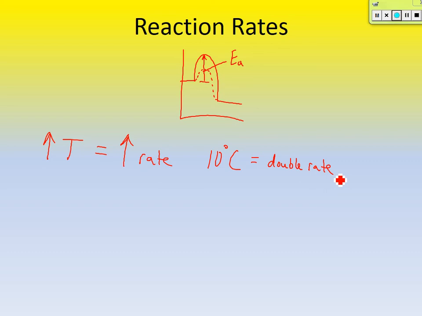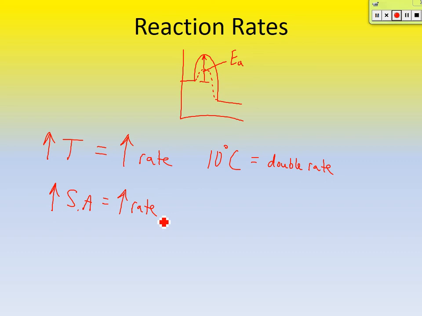Okay, then we also talked about surface area. Do you want high surface area or low surface area if your goal is to make the reaction go faster? High surface area increases the rate. How come? Well, now you've got more surface of the reactants that are available to collide and form the products.